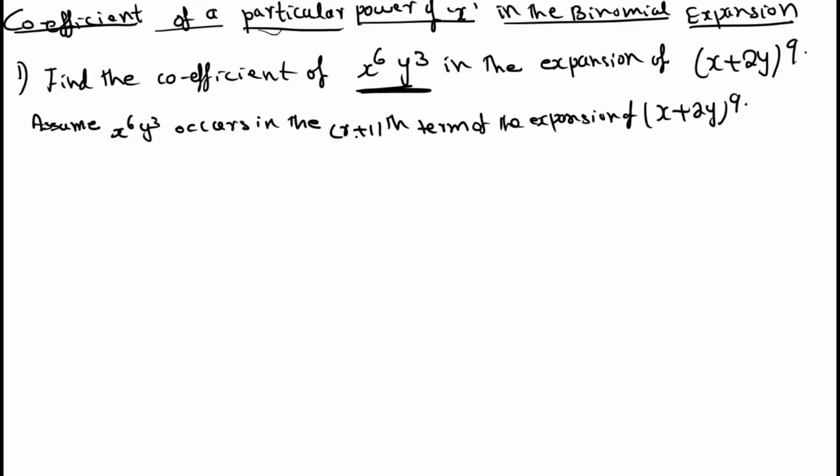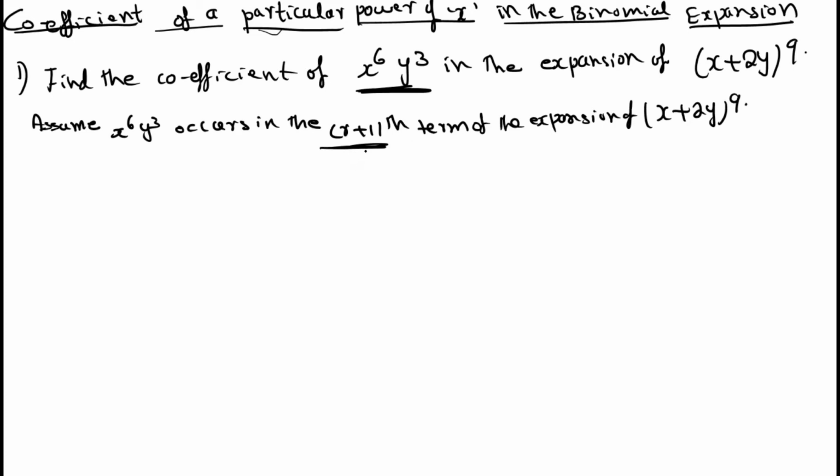That means you are saying that x to the power 6 into y to the power 3 occurs in the (r + 1)th term. What is the (r + 1)th term? The (r + 1)th term is nothing but the general term. You are saying that in the general term this power occurs.